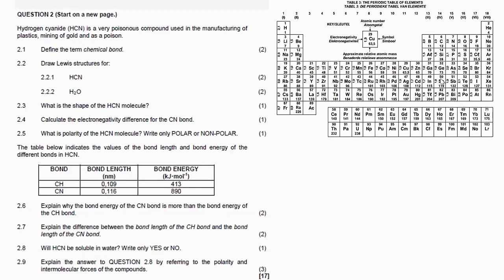Then let's go to 2.2.2. It says now, draw the Lewis structure for H2O. Now for H2O, we have already drawn this a couple of times now. You should be able to draw it in your sleep. So you have your oxygen, and then that's 1, 2, 3, 4, 5, 6.